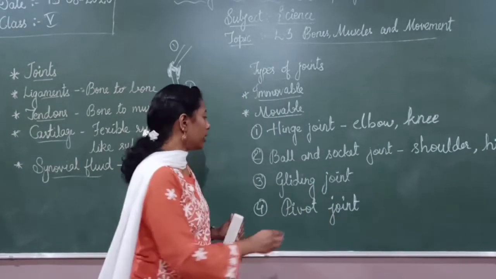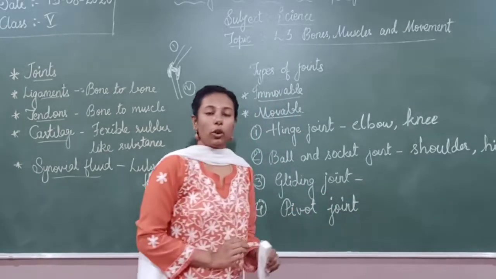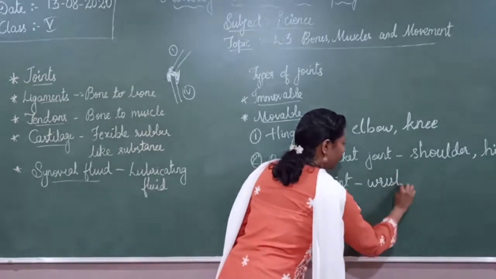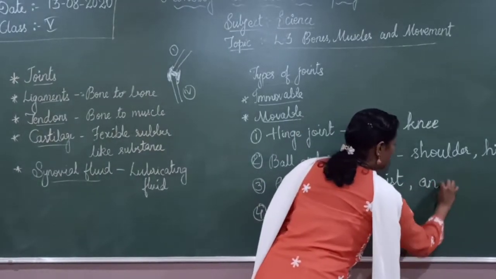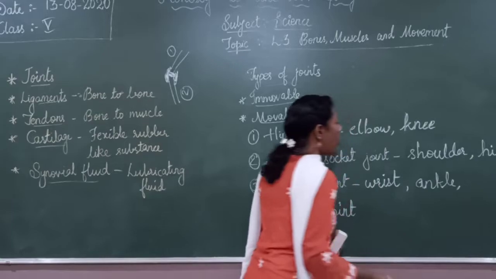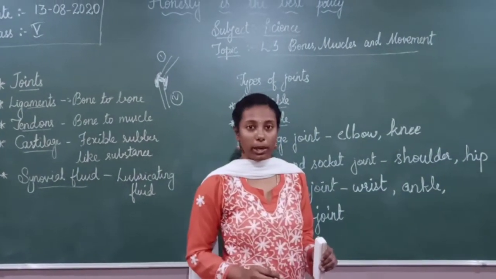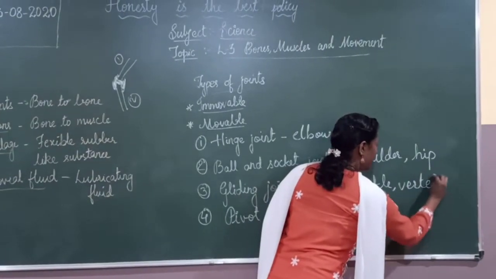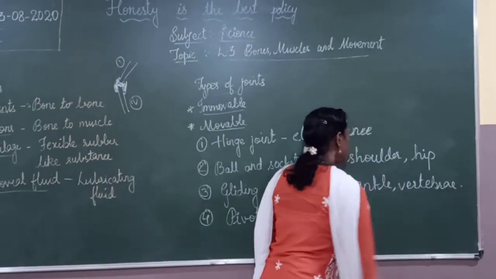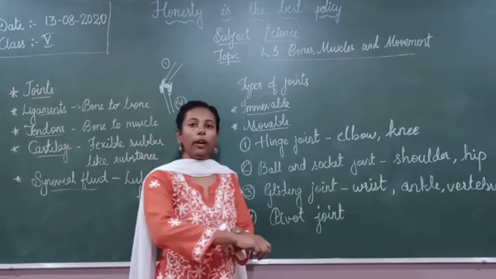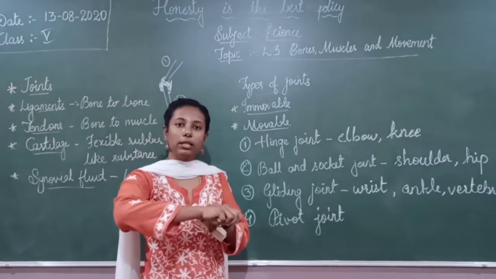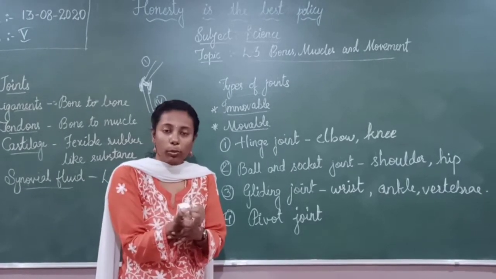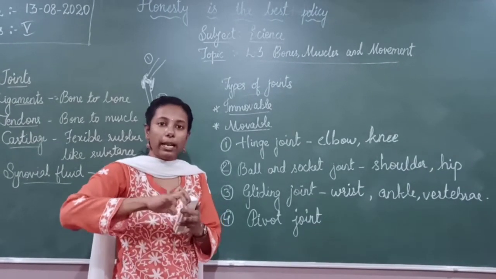So this kind of joint is present in our wrist and ankle, also in your vertebrae. In between the vertebrae, it won't give you full rotation movement or anything. You can just glide.